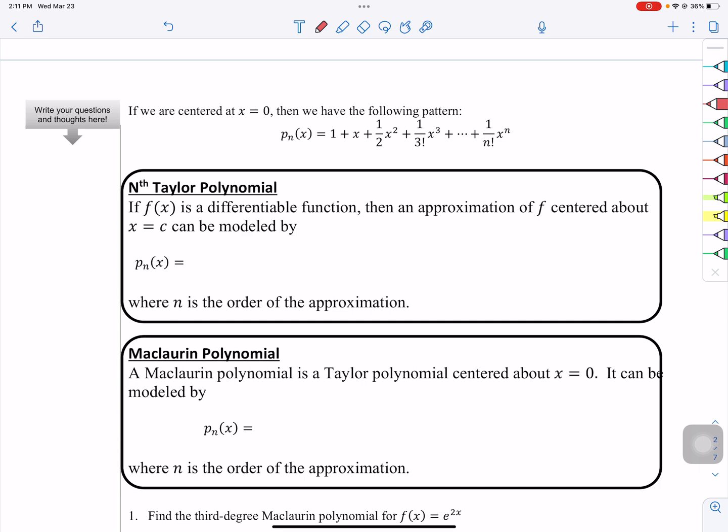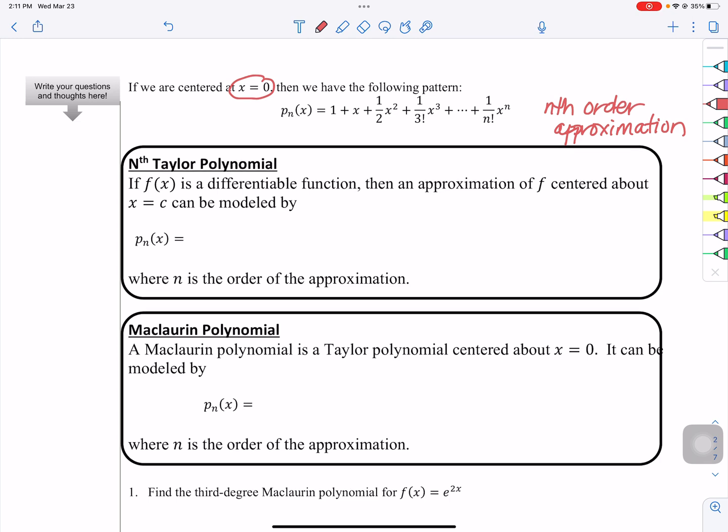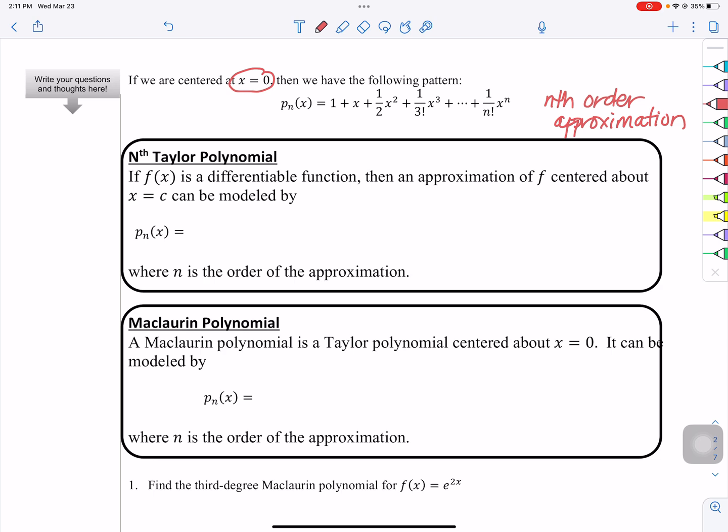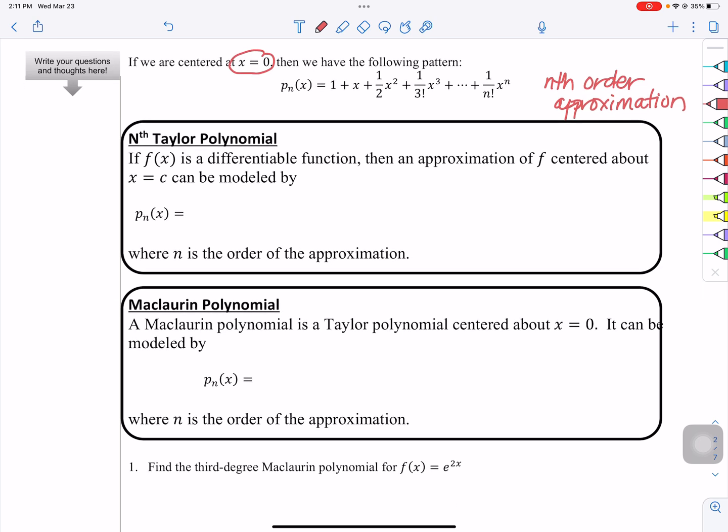So the nth order approximation centered at 0 is equal to p sub n of x, as shown. Well, that's a lot of work creating those. So what we came up with is what we call an nth Taylor polynomial.